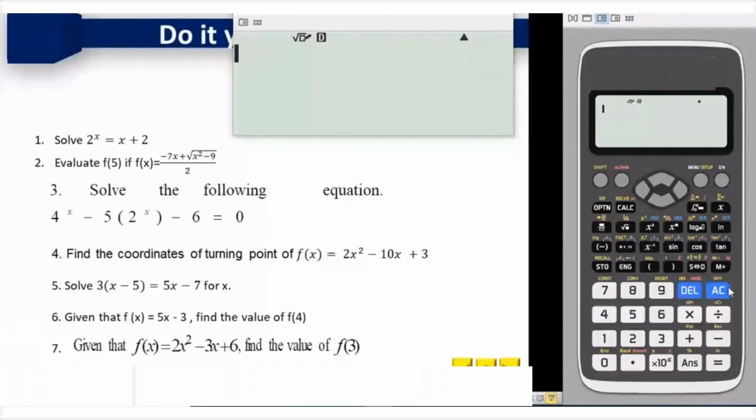So my advice would be to write 2x square minus 3x plus 6 and replace x by 3. I hope everyone is following me. And the correct answer turns out to be 15.